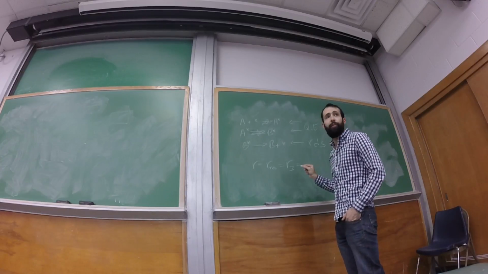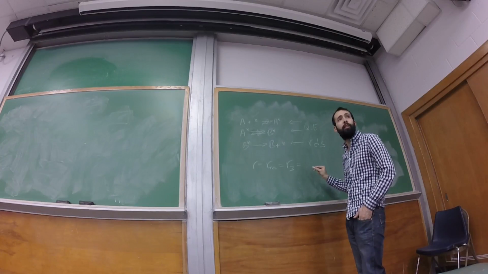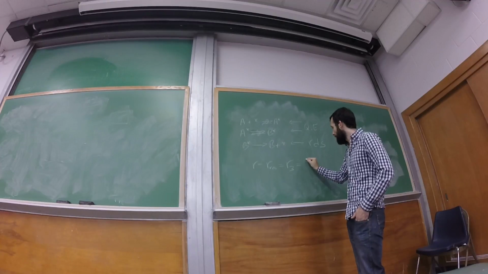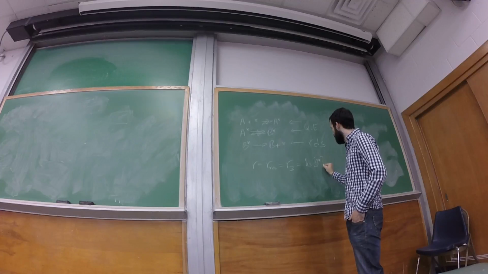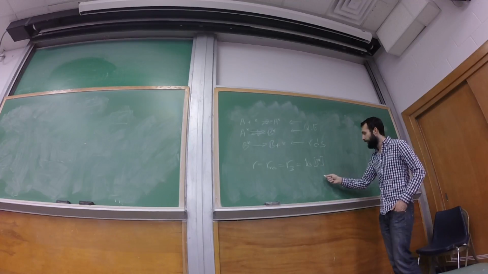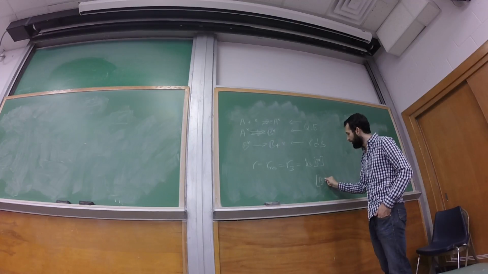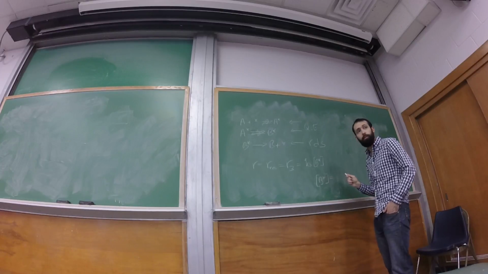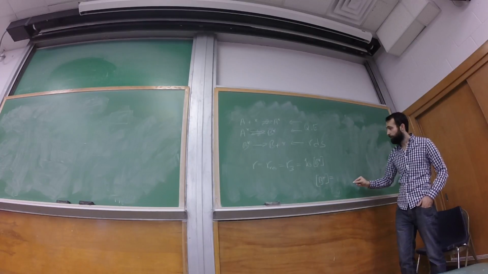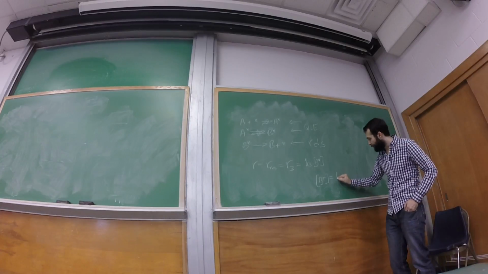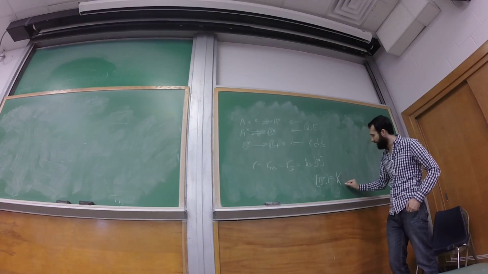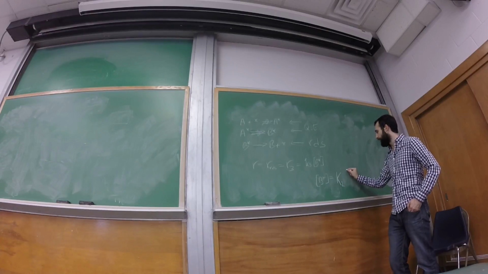So what is the rate of step 3? K3 times the concentration of B star. And what is B star? Which type of K? Big K, it's quasi-equilibrated, K2 times A star.